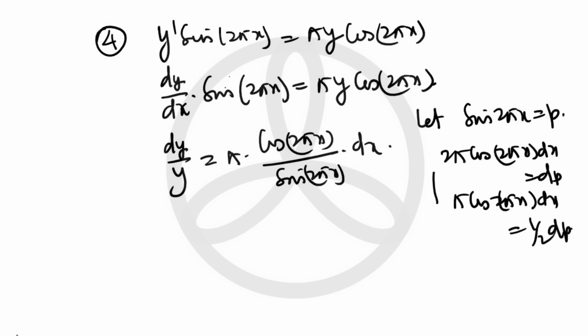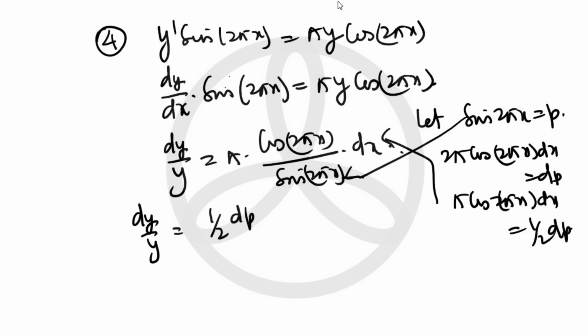Now this can be substituted here, so we get dy by y is equal to pi cos 2 pi x dx by sine 2 pi x, and this pi cos 2 pi x dx is equal to half dp, so we get half dp divided by p.